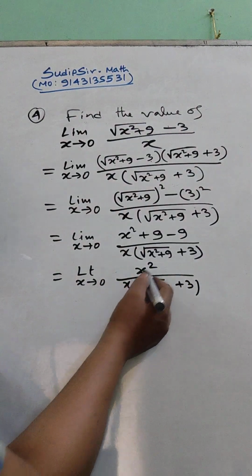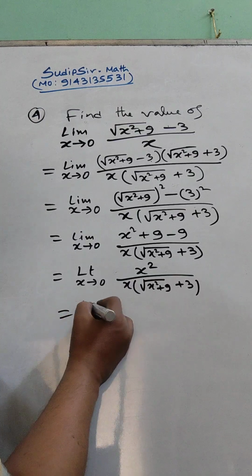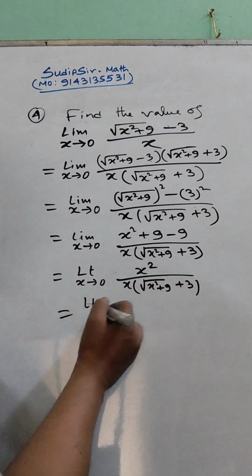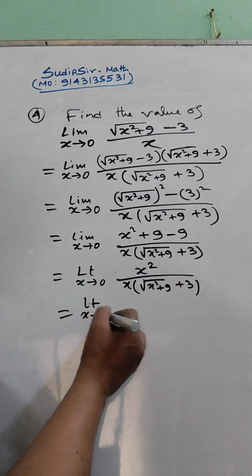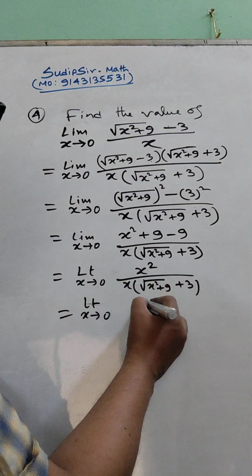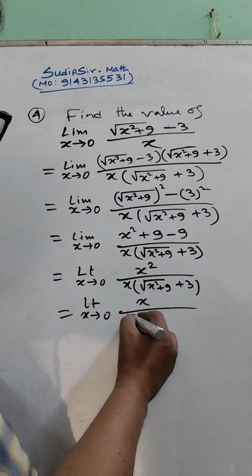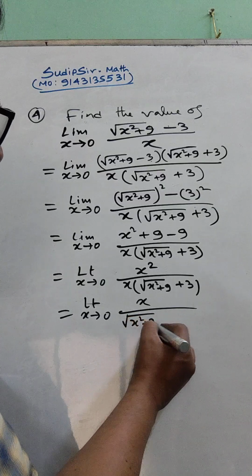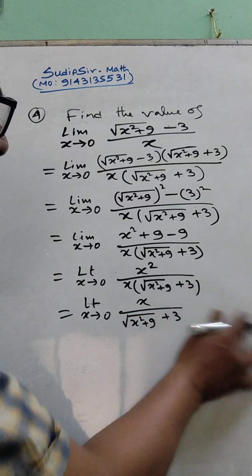Okay. Now one x will be cancelled. Limit x tends to 0, that will be x by root over of x square plus 9 plus 3.